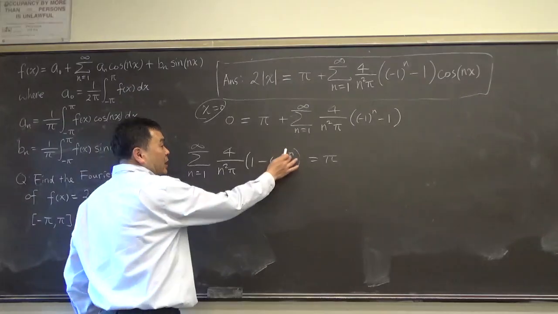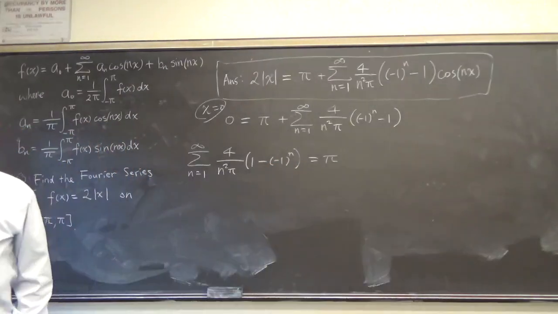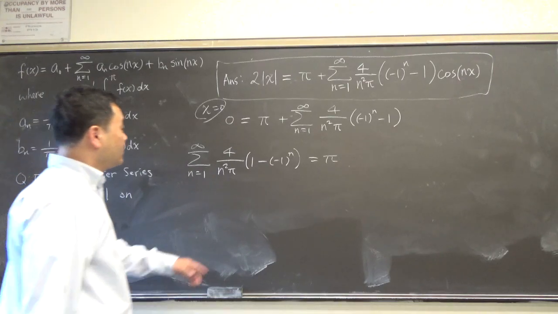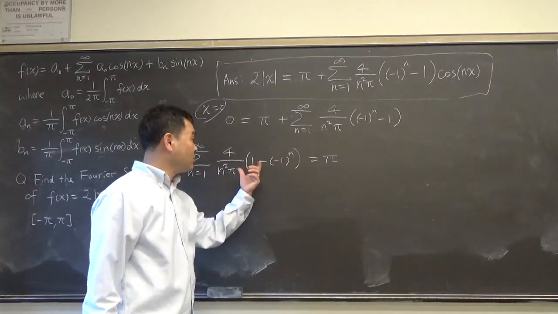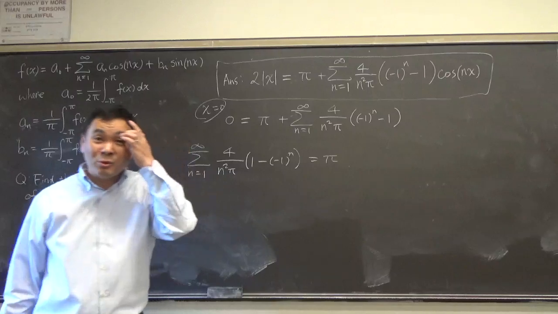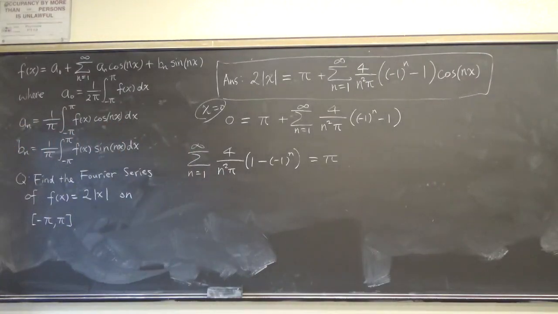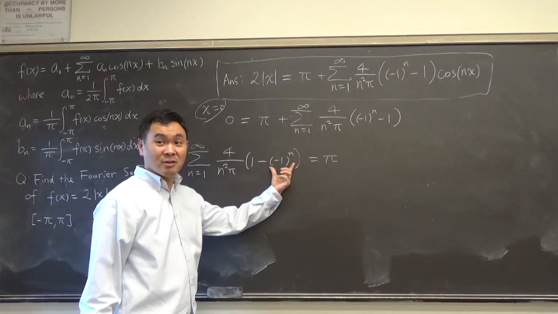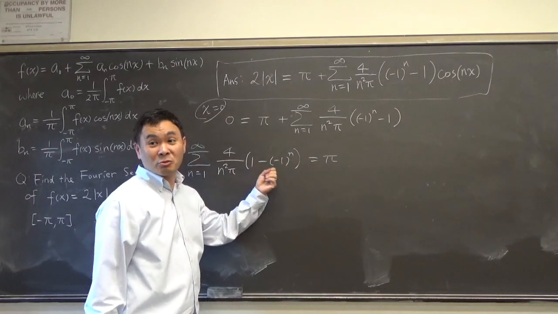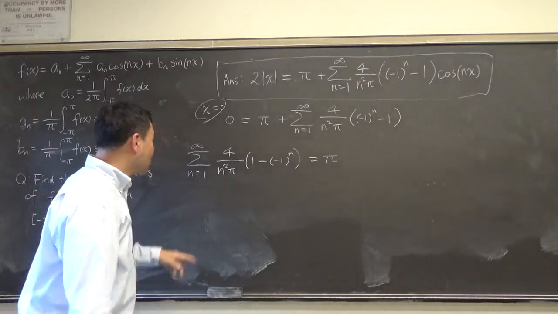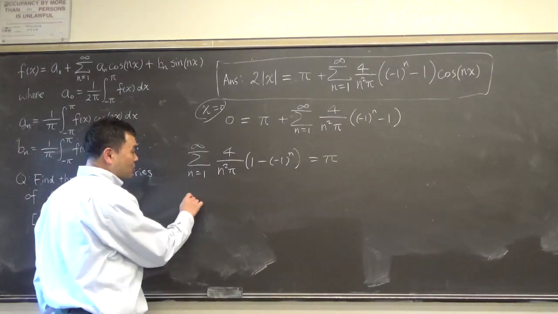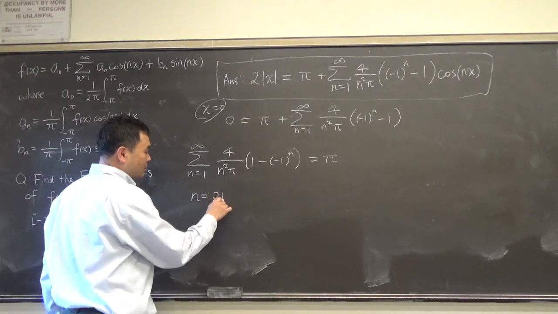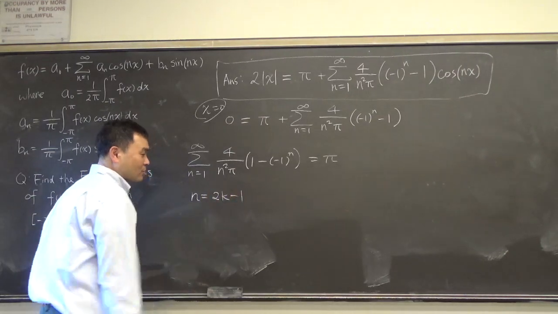Now, what happens if n is even? It's 0. If n is odd, you get negative 1 to the odd power, which is negative 1, so you end up with 1 plus 1, which is 2. So let's say n equals 2k minus 1.